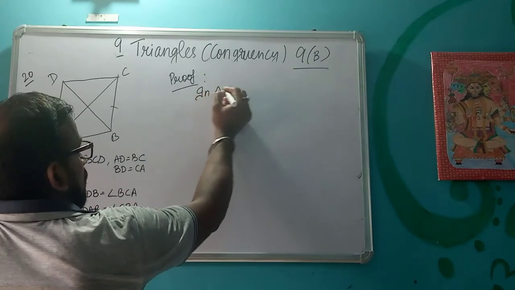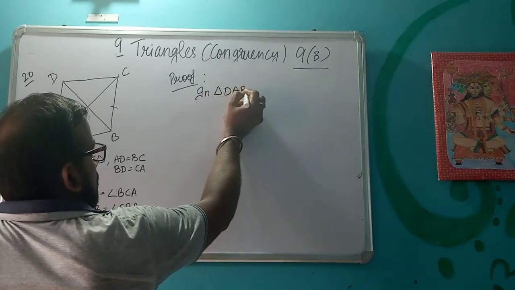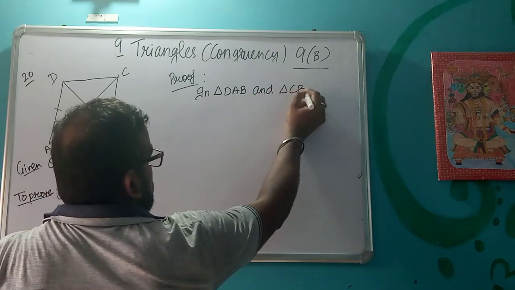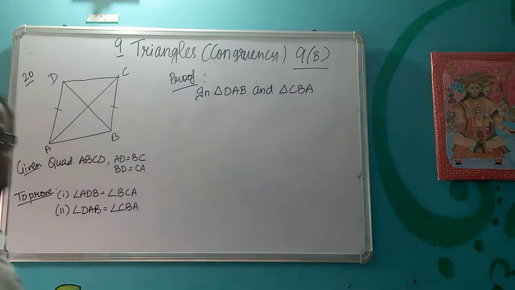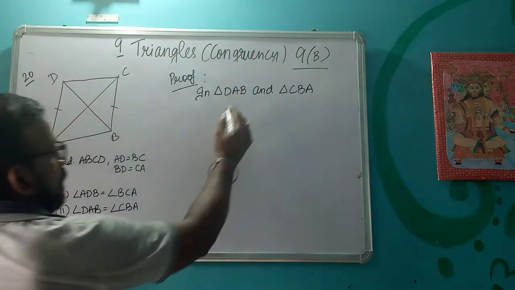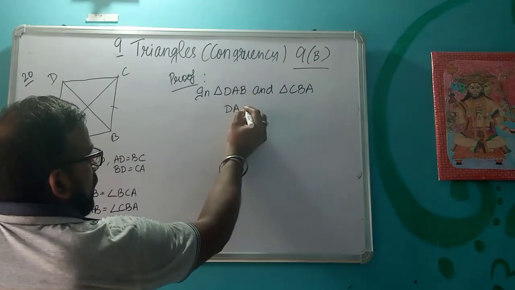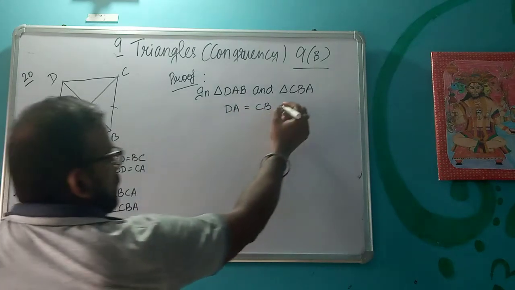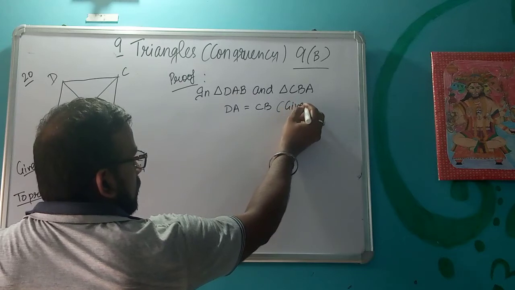In triangle DAB and triangle CBA, I have taken two triangles. Now DA equals CB, it is given already, so we will write given.